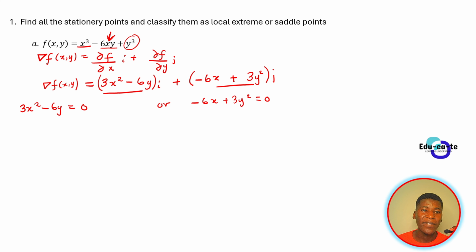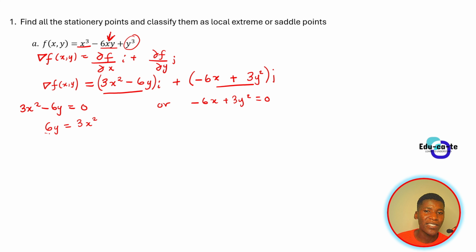So to solve this simultaneously, I think the best thing that you can do here is to deal with this equation because it is simplified. So you can just say 6y is equal to 3x squared by transposing negative 6y to the other side, and then you divide by 6 on both sides if need be.